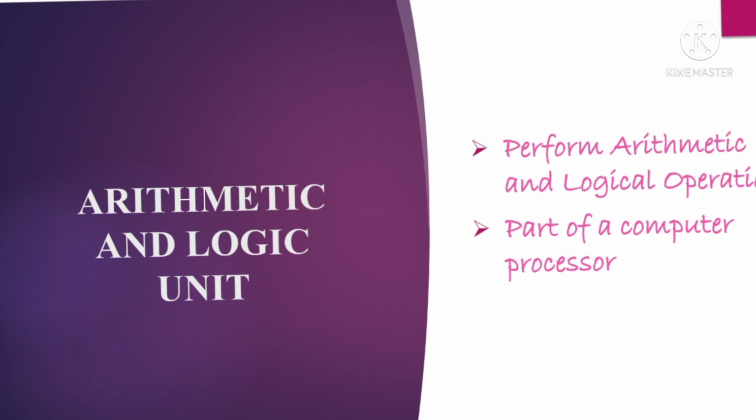We can also call it a part of a computer processor, because it represents the fundamental building block of the CPU of a computer. Modern CPUs contain very powerful and complex ALUs. So it's a part of a computer processor.